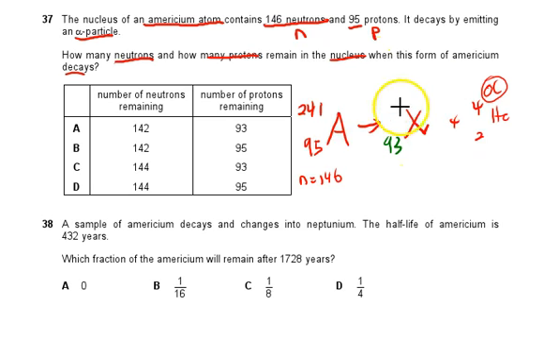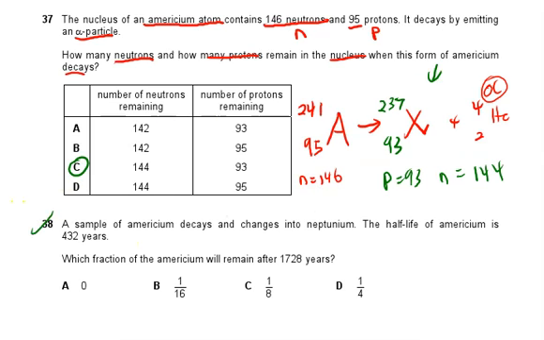So 241 minus 4, you should be able to get 237. Okay, so this is what's supposed to get here. So proton is 93, and then your new neutron number here will be 144. So this is your answer, your answer is C. Okay, so this is your explanation for this.